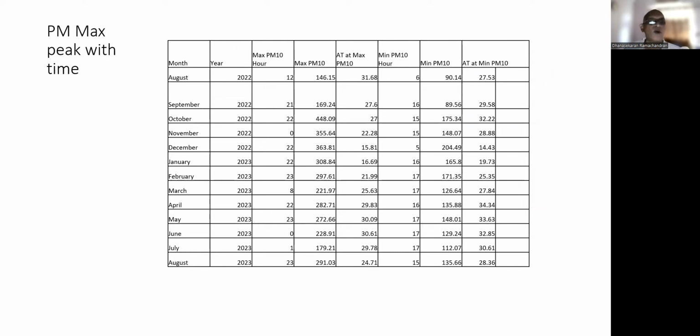So these are the peaks I found, the maximum peaks and at what time. This is the year, August 2022 to August 2023, and the maximum hour in the month of August is 12 o'clock, and thereafter in September and onwards, it is 21 hours, 22, 23, 24 hours.